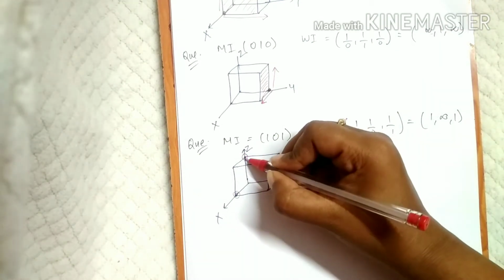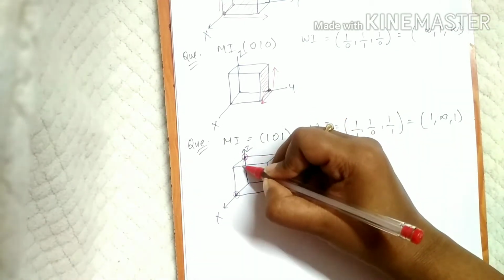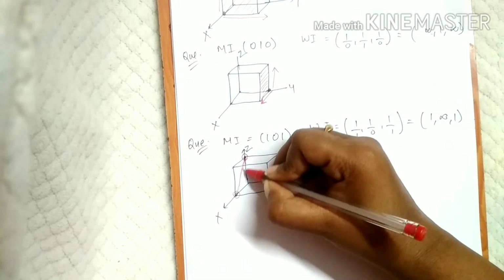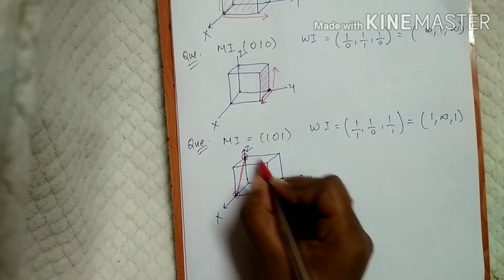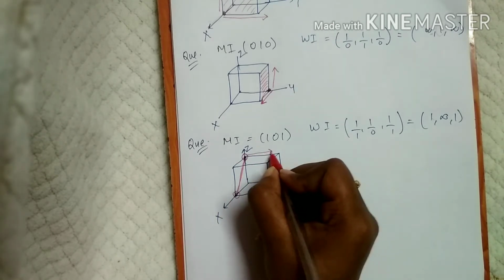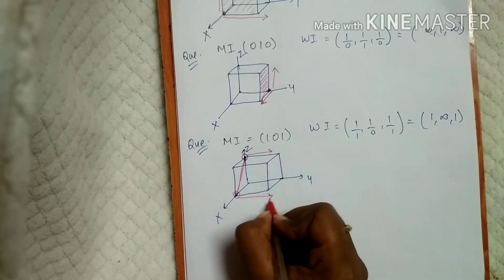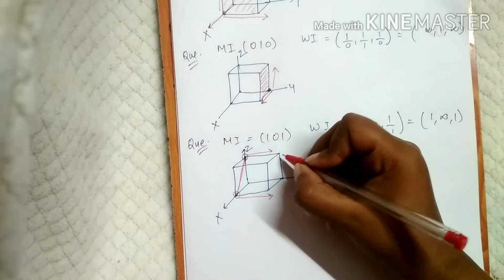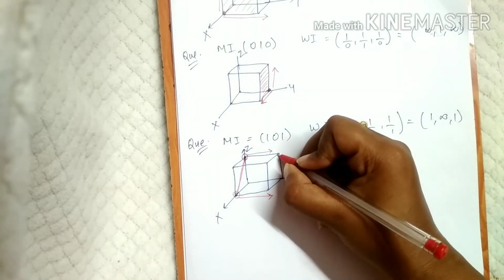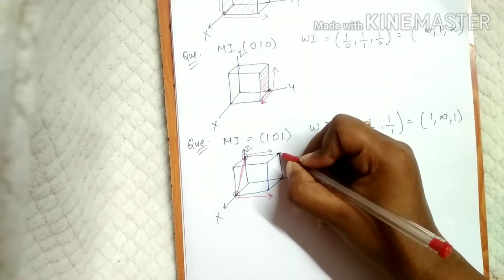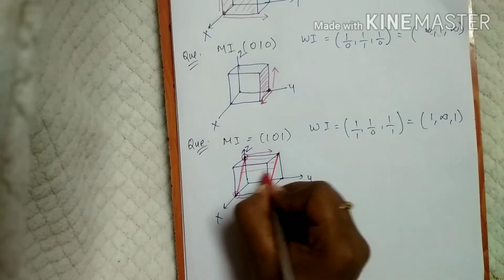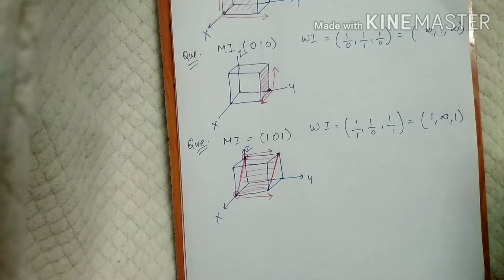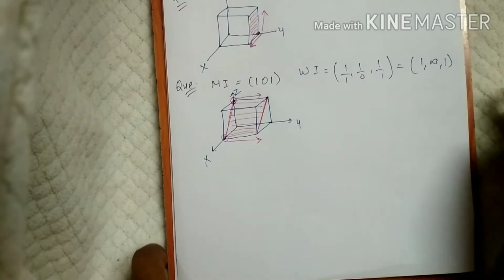So first of all just join these finite values like this, and along the y-axis let them go up to infinity. So this is going to be your plane.